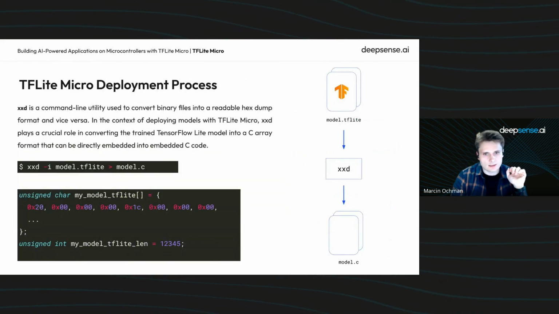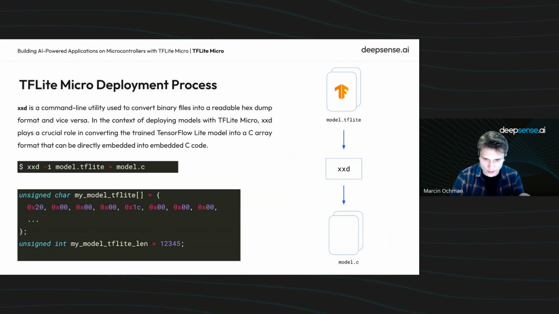Okay, and now let's take a closer look at the process of deploying a TensorFlow Lite model onto a microcontroller. After converting and optimizing the model, we need to embed it directly into our firmware. This is done using the xxd tool, which transforms the TFLite binary model into a C array that can be included in our embedded system code.